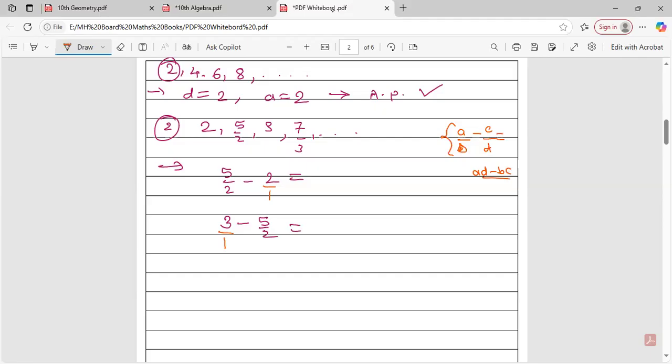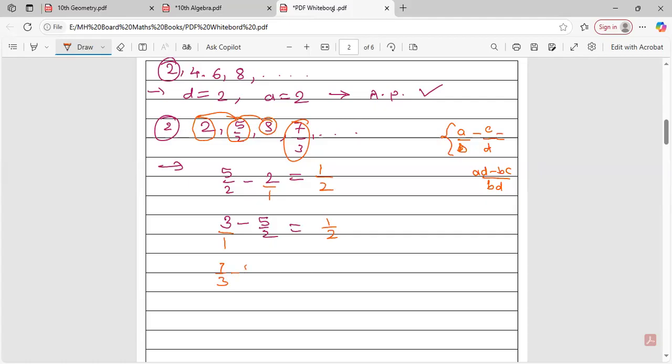Is it 1 upon 2? Yes, here it is 1 upon 2 and here also 1 upon 2. So what is your take on this? The common difference is the same, so they are in AP. In these two terms the difference is 1 upon 2 and between these two also the difference is 1 upon 2. Let's check for this difference now.